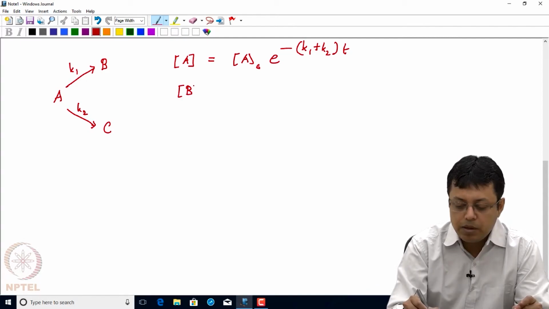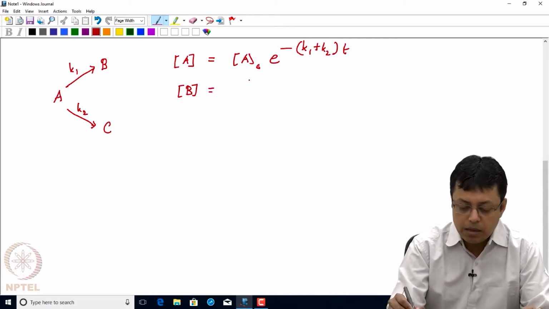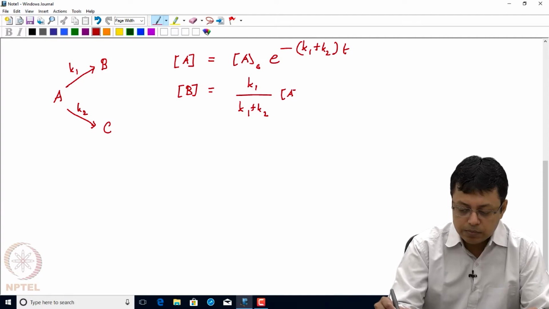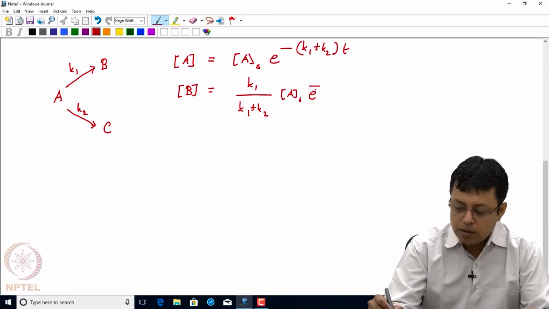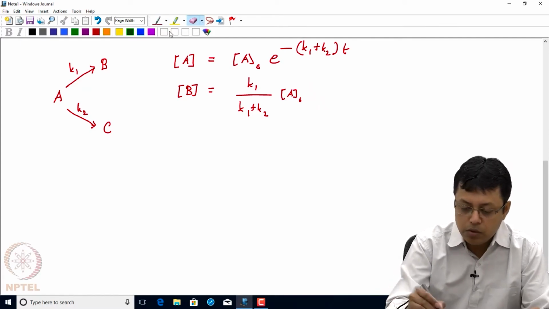Now in the same way we can solve the integrated rate law for B, and you will find that it will be something like k1 by k1 plus k2 into A0 into e to the power minus (k1 plus k2) times time. Both B and C will grow.